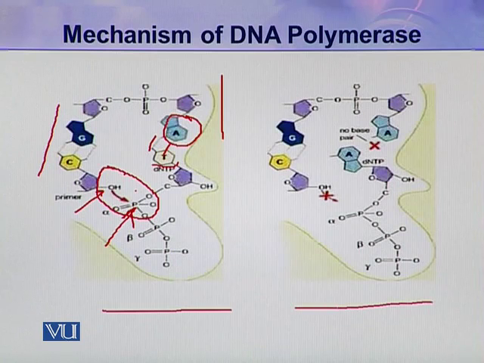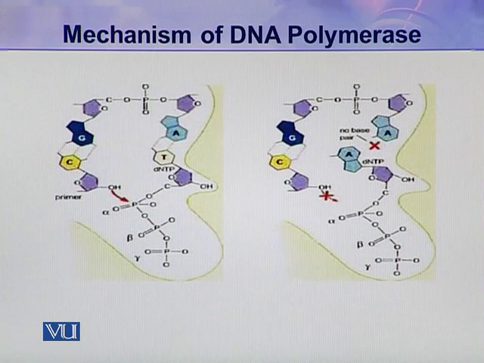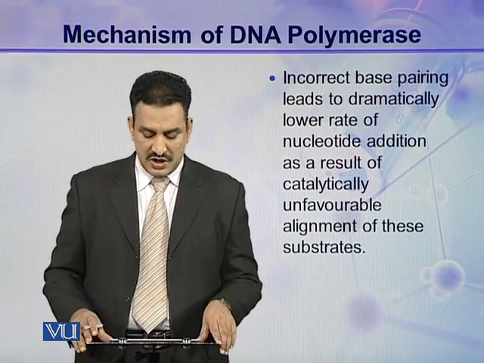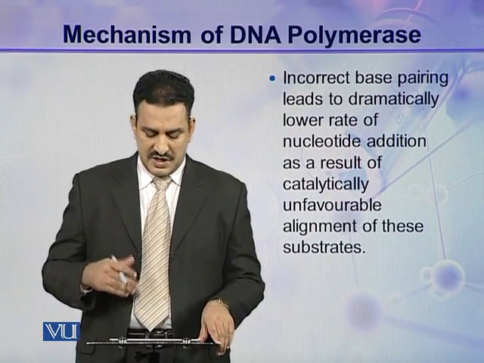While in this figure, you can see here it is adenine, and the incoming nucleotide also contains adenine, but here this OH doesn't come in alignment with the alpha phosphate, and it cannot attack the alpha phosphate, and the addition of a new nucleotide cannot take place. Incorrect base pairing leads to a dramatically lower rate of nucleotide addition.